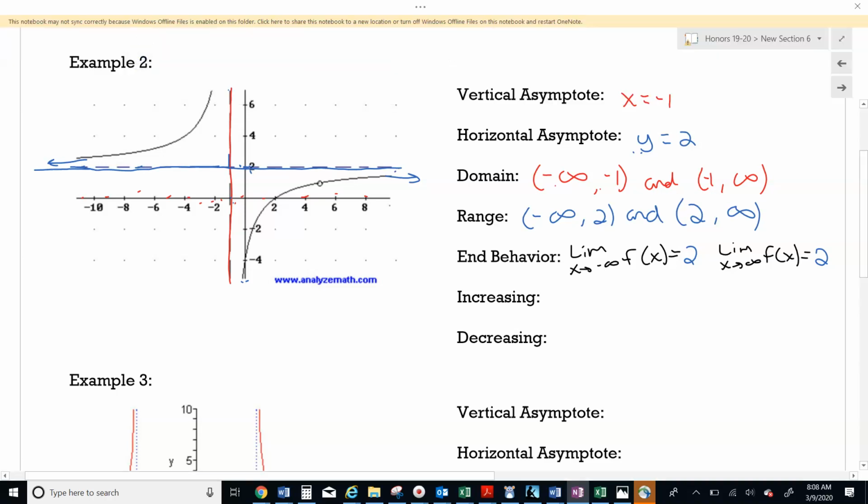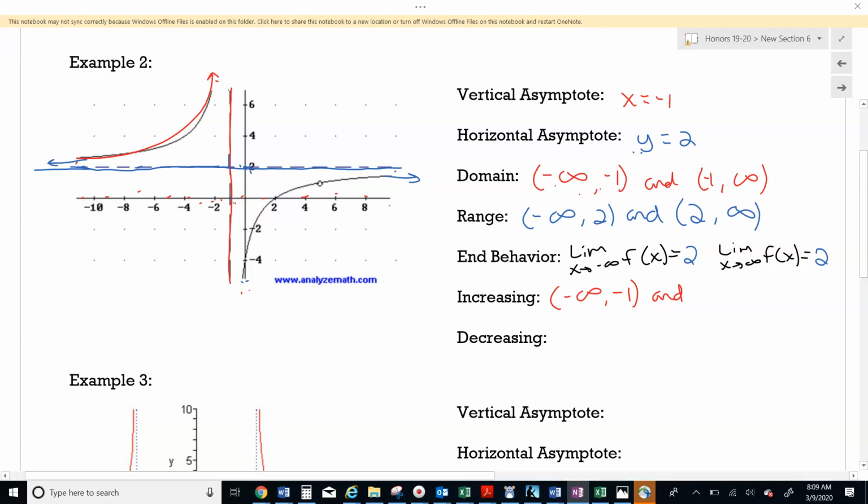So now I'm going to look at my pieces of my domain from negative infinity to negative 1, from here to here, right? It's clearly going up, right? And then same thing here, right? It was at negative 1, which is down here.